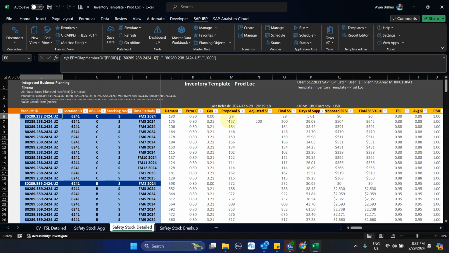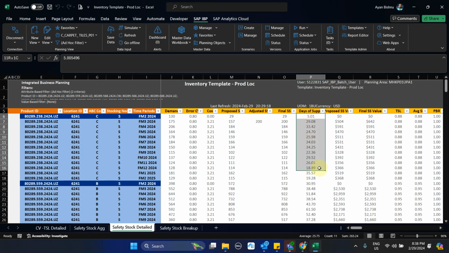Now, these are the numbers that are supposed to be published to supply, primarily in the inventory target key figure, if you are planning to move recommended safety stock into IBP. You even have the option to give the input in terms of days so that the system looks into the future demand and accordingly generates safety stock.